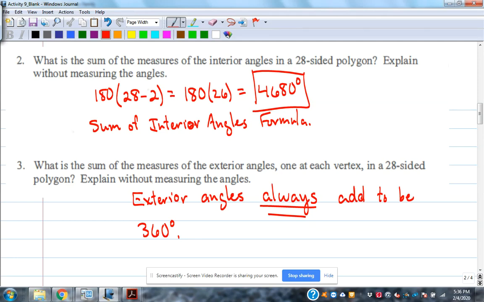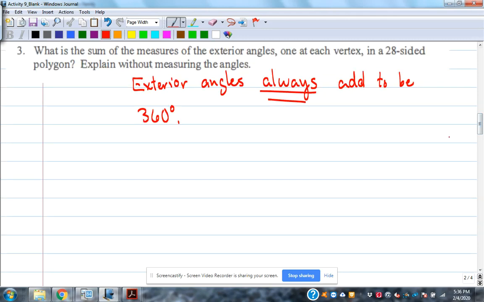Square exterior angles. And what we're talking about by exterior angles, if we had like a pentagon, and I'm just going to draw some sort of weird pentagon here. The exterior angles are these angles right here.